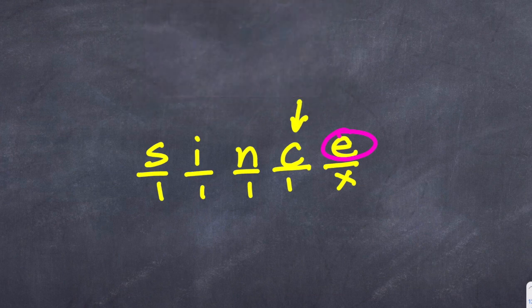When a C is followed by an I, E, or Y, the sound changes to make the sound S instead of K. Okay? Any other vowel or letter, it's going to make the K sound, but not in this case. All right, next word.